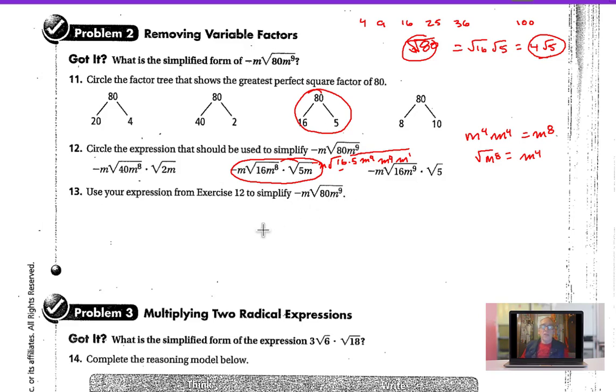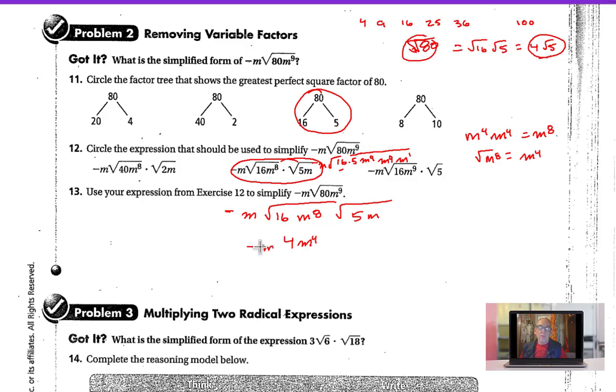And they want us to actually simplify this. So we've got minus m square root of 16 m to the eighth times the square root of 5m. So the 5 times the 16 gives us the 80. The m times m to the eighth gives us the m to the ninth. The square root of 16m to the eighth comes out as a 4m to the fourth.